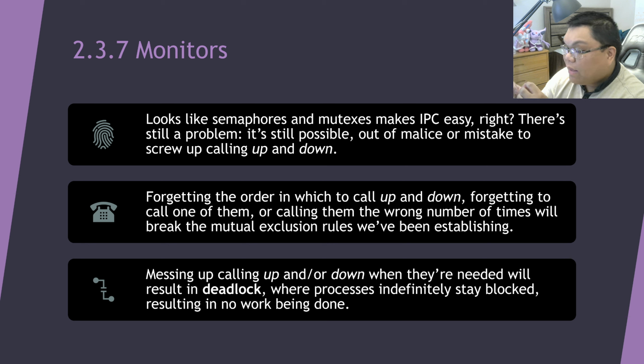If we screw up calling up and down, then we might get deadlock where no processes are able to proceed with their work because they are blocked and there's no way to unblock them. And we're going to get to deadlock in quite a bit as well, so maybe not quite yet.